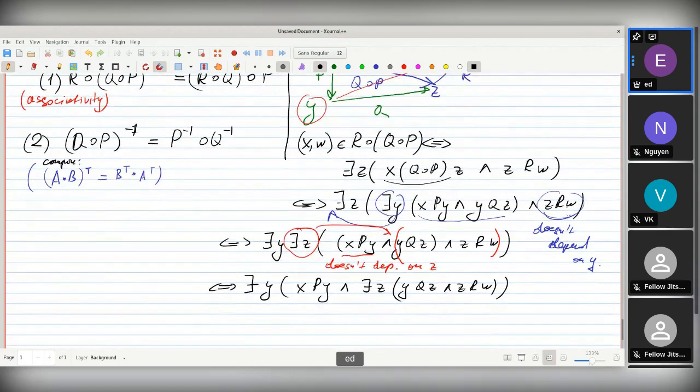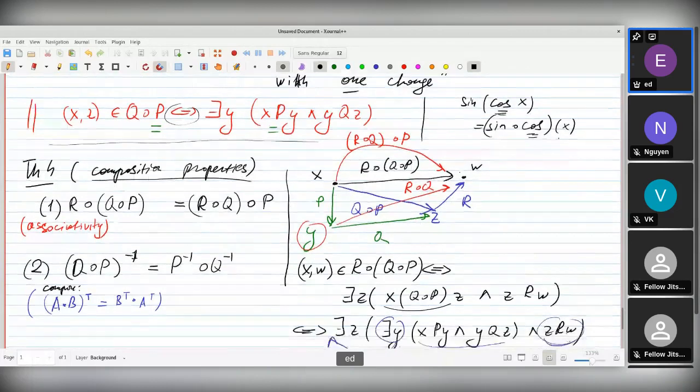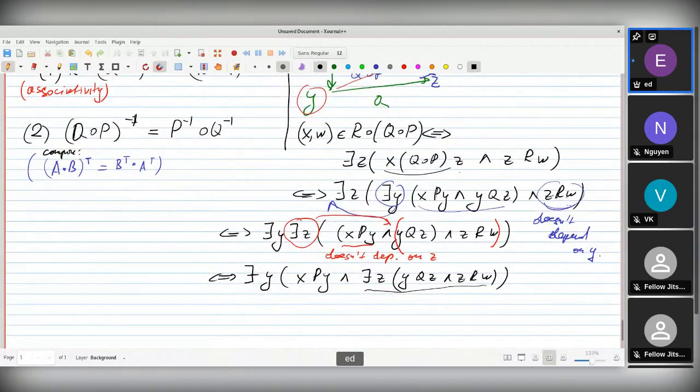And now this looks suspiciously familiar. We see that it says that there is a two-arrow path, first y, q, then y, r, from y to w.